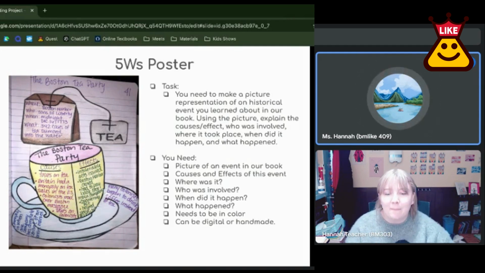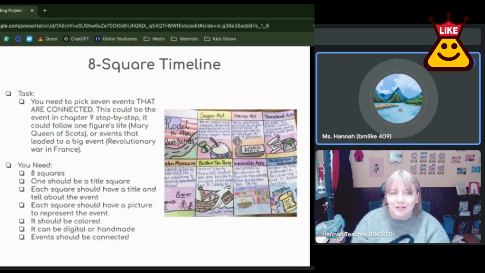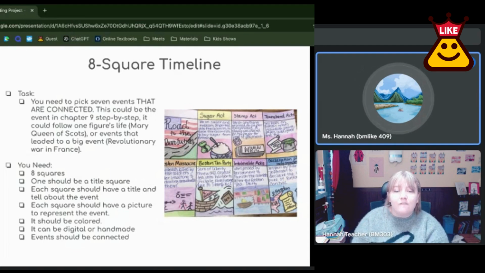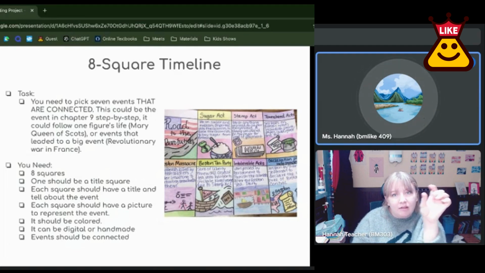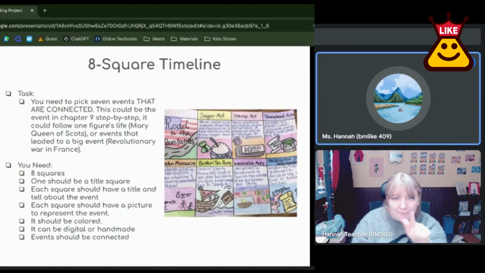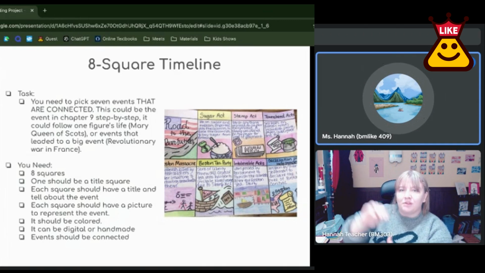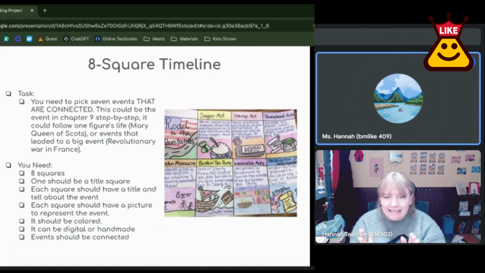Any questions? Okay. And our last option is going to be the 8-square timeline. So in the 8-square timeline, as you can see, they folded their paper into 8 squares. And in each square, they're talking about an event, and it has the title of the event, a small description, and a picture. Now, these events need to be connected, not connected just by a year, because that's our year in review option.